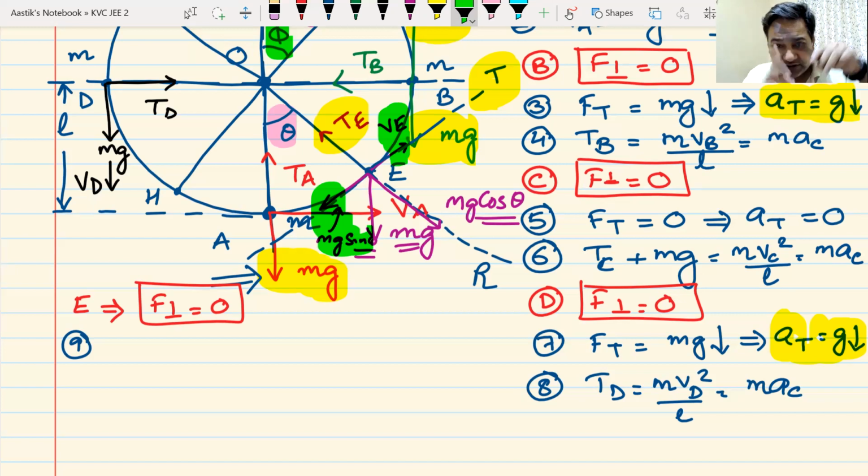Your velocity is like this, tangentially, but your mg sin theta is like this. Now, what does this mg sin theta, which is a force, do with this velocity? As you can see, they are both in opposite directions. Yes or no?